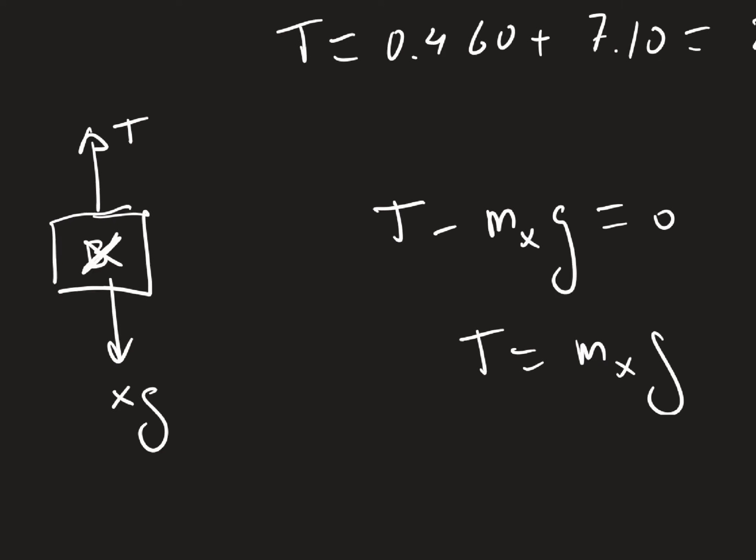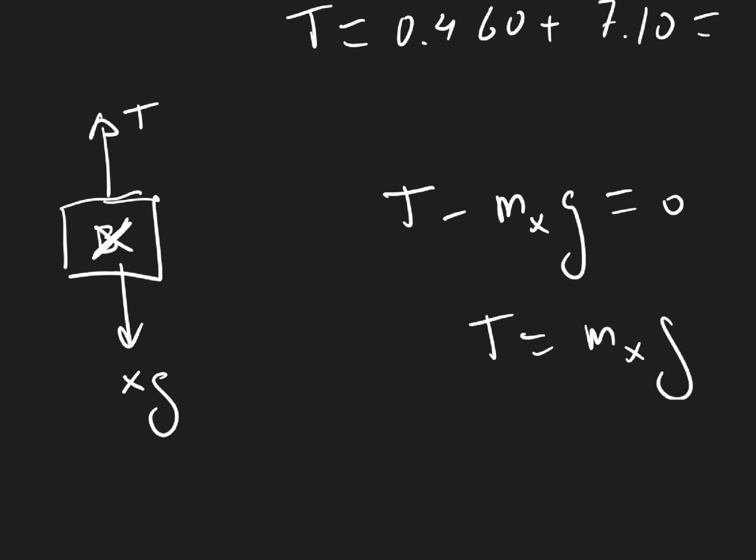So what will happen here is that now the tension will go up. The unknown mass mg will go downwards. And the sum will be zero, it is still not moving, but it will move soon as this condition ends.